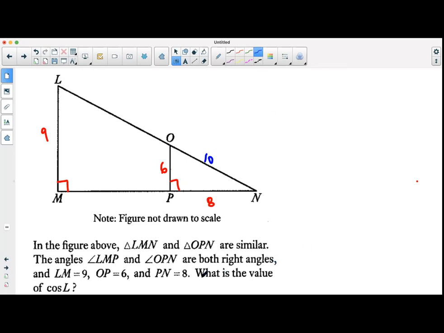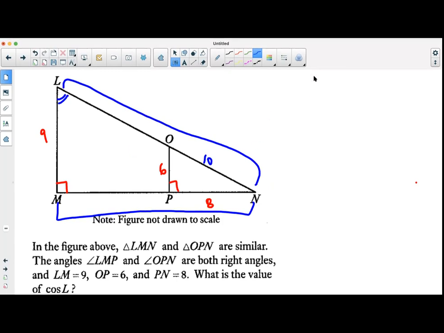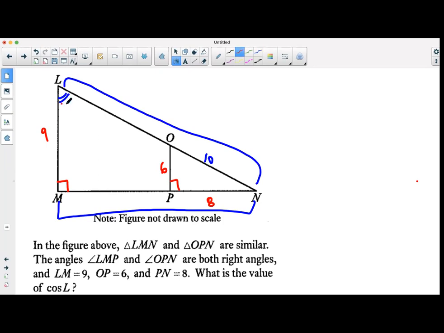The question is, what is the value of cosine of L? In order for me to get the value of cosine of L, many of us are thinking, I need to figure out the line MN and also LN by the similar triangles, but no. Did you realize that the ratio of the sides are the same and the angles are the same? So you want me to find cosine of L?